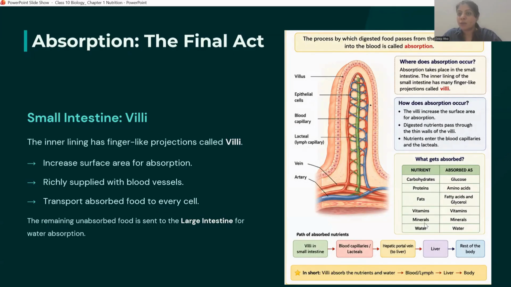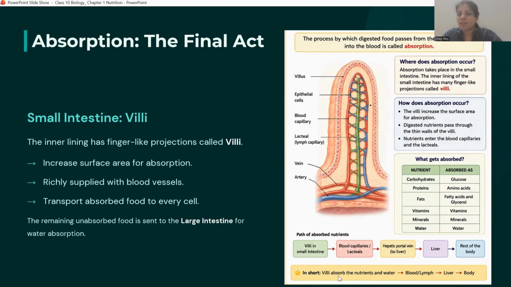So what are the nutrients, and what is their absorbed form? Carbohydrate is absorbed in a simpler form, glucose. Protein, which is a complex food particle, is absorbed in the simpler form of amino acids. Fat is absorbed as glycerol and fatty acids, along with vitamins, minerals, and water.